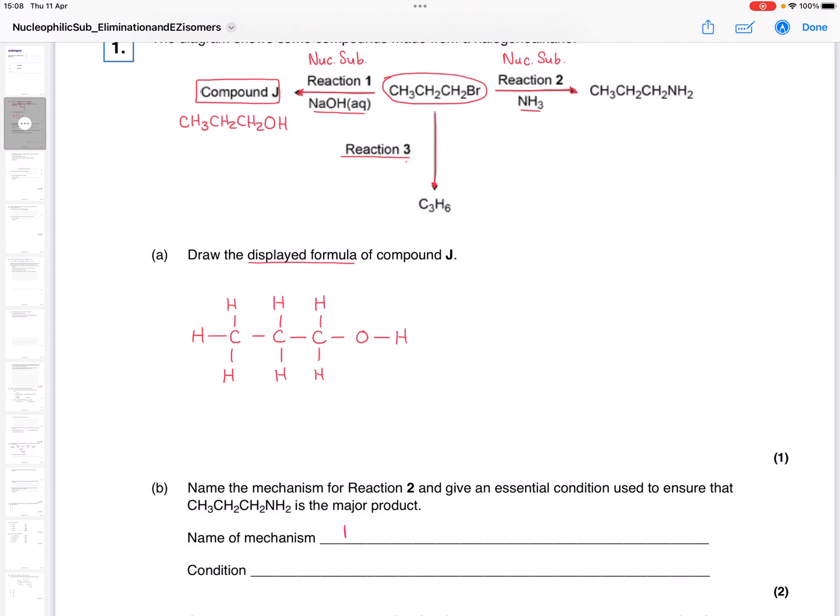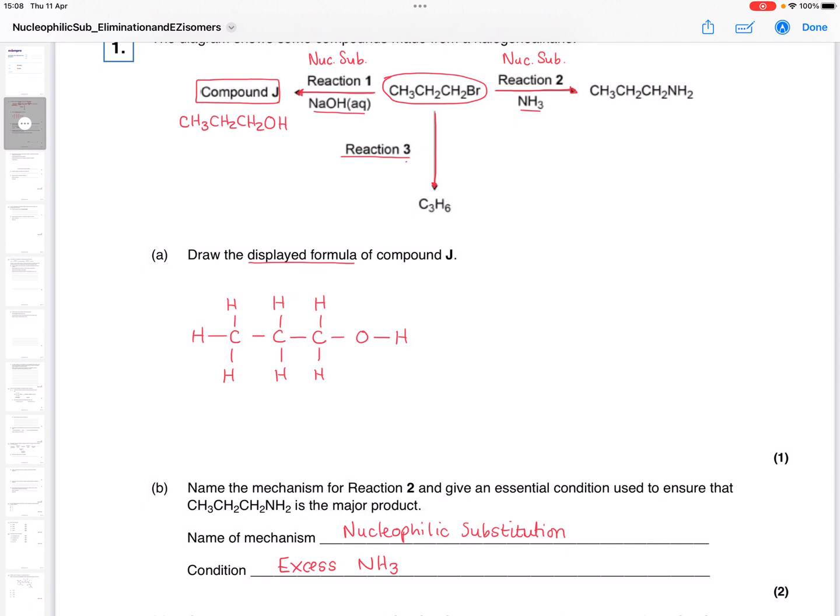So the name of the mechanism then, nucleophilic substitution. And if we want to ensure that as much of it goes to the amine as possible, reducing the possibility of successive substitutions, then we need to use excess ammonia.